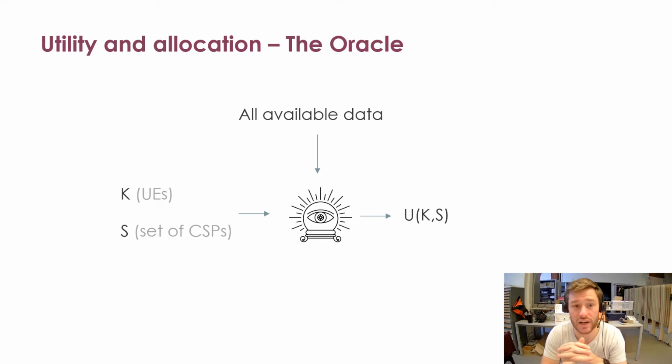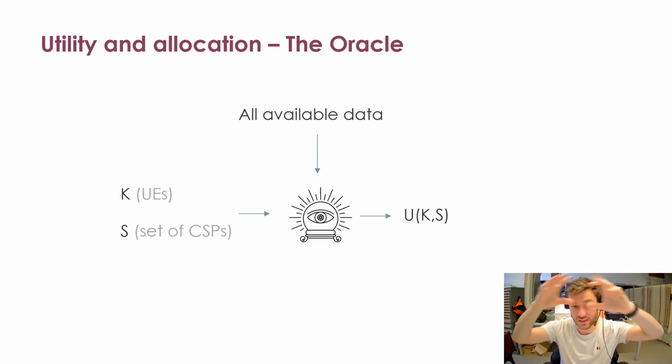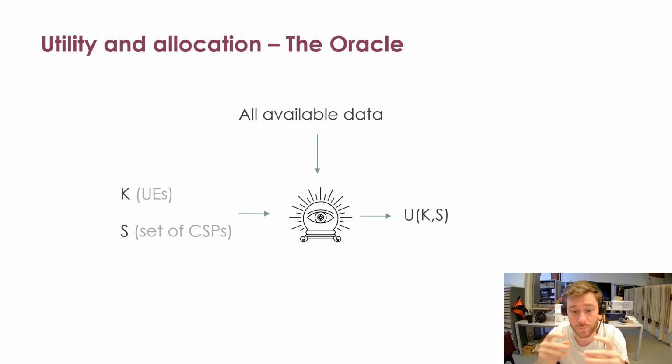This is done by the Oracle, where we put in a set of user equipments, a set of CSPs available, and all the available input data, and based on that, the Oracle outputs the utility function for a set of users served by a certain federation.